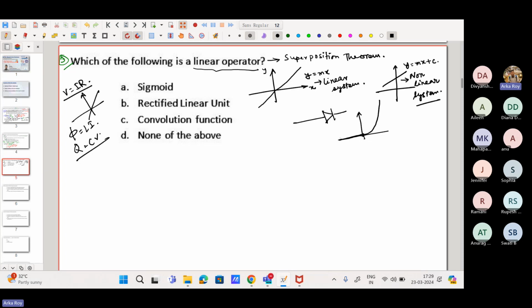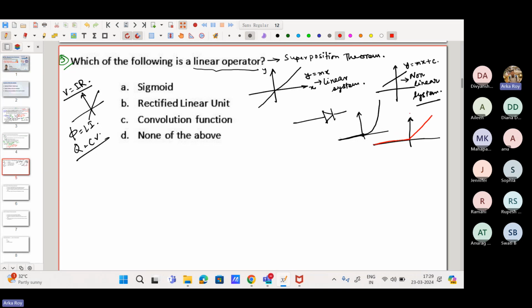Now, if I consider my diode to be a piecewise linear system, you'll see this is a non-linear system. What you do is approximate this response using a line, so it would look like this, but still this is a non-linear system.